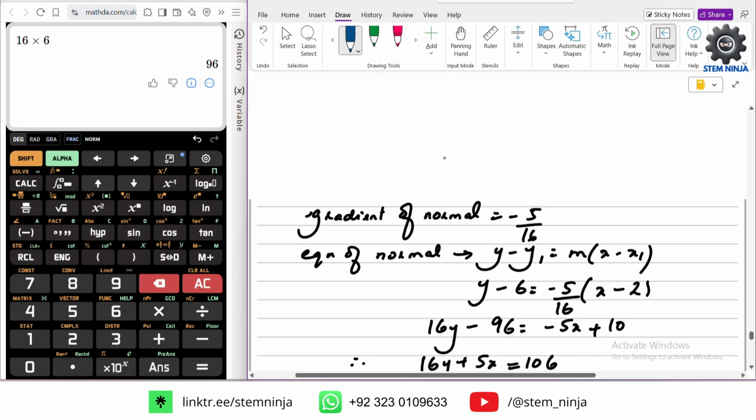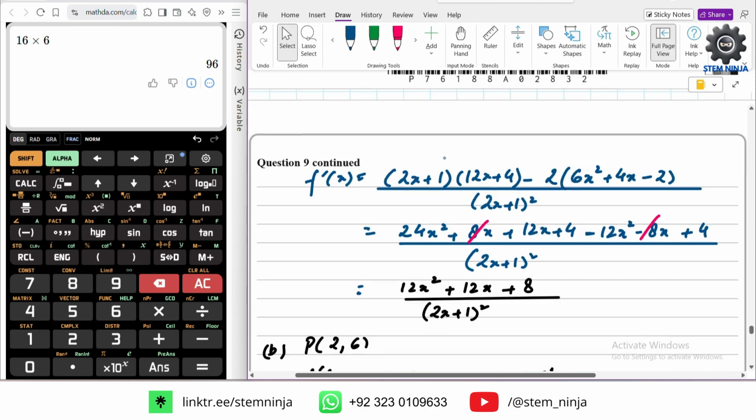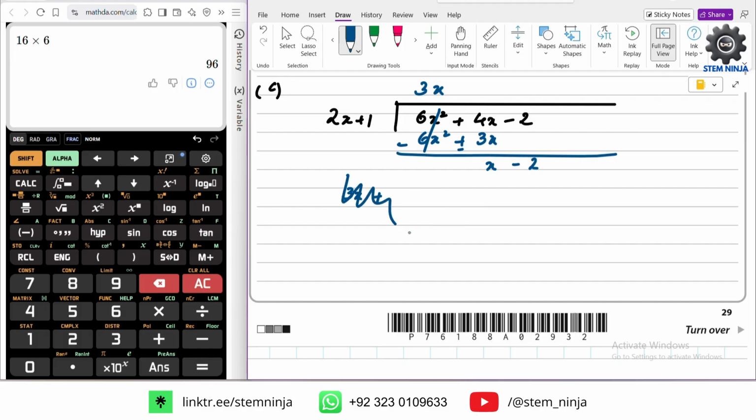Wait a second. Did they say this is d? D is a constant. Okay, d is a constant. No. We need to go further. So this is x minus 2. So this would be, let's say, half. This would become x and plus 0.5.